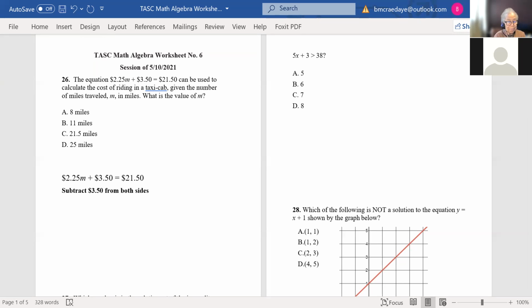What do you get? 3.50 from 21.50, both sides. Yeah, you got to subtract that 3.50. Let me just put here what I'm asking you to do.